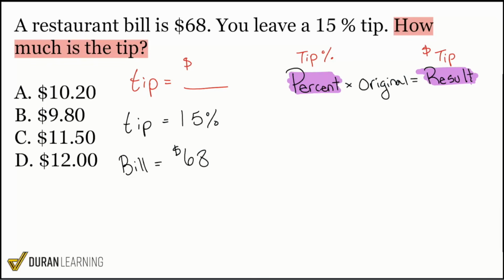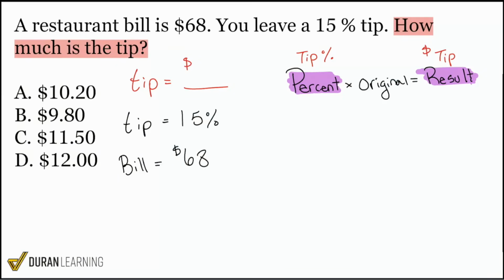This is where we start getting into those questions where, if they're asking you for the sale price versus the amount of the discount, this is how you know what you're actually supposed to plug in. Because I want the amount of the tip, I am going to plug in the percentage of the tip. And the percent tip that we're given is 15%.